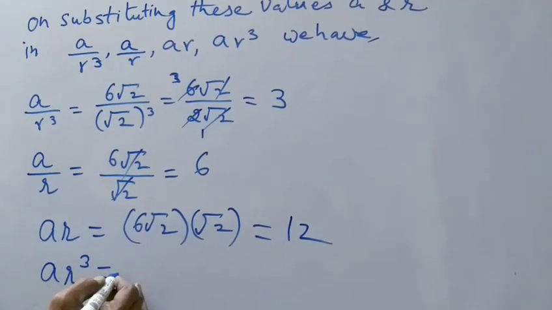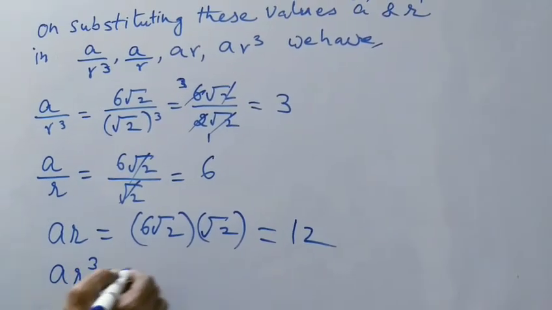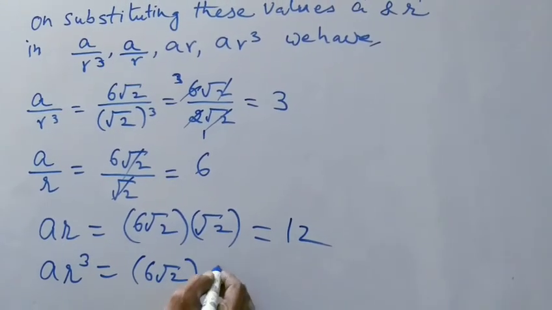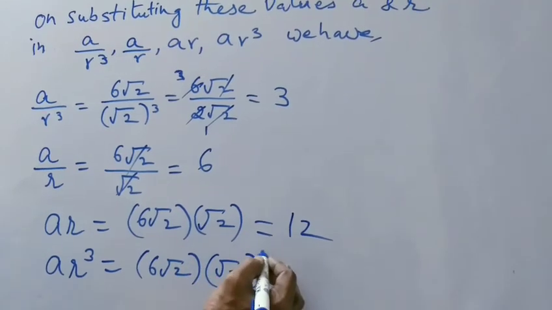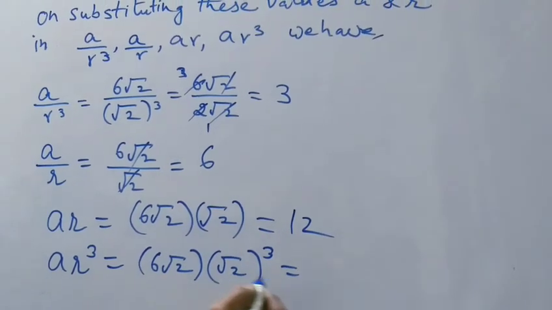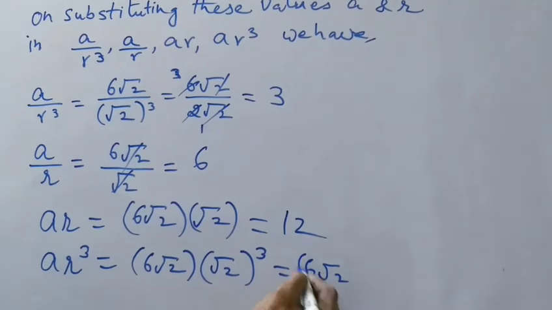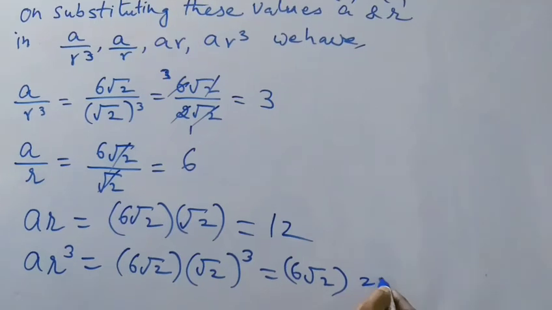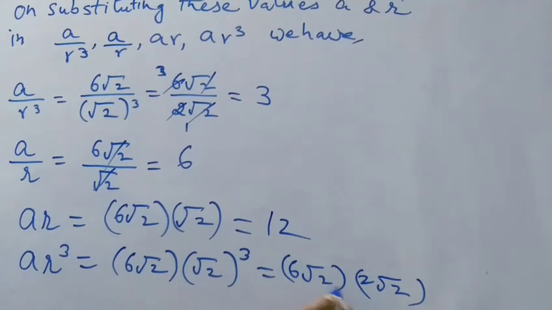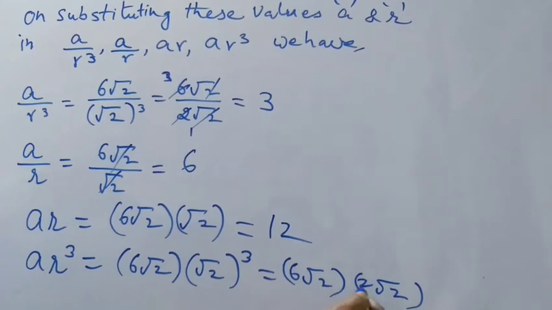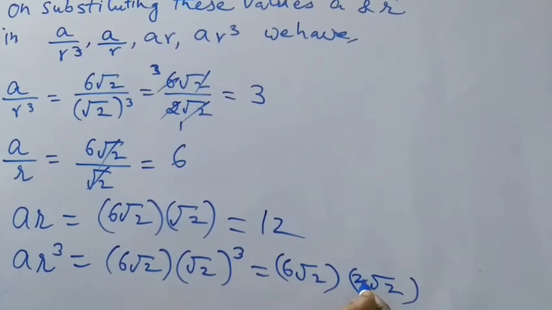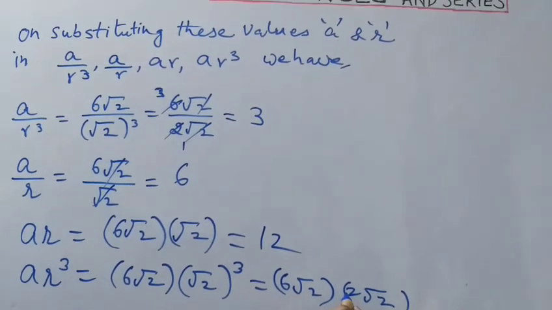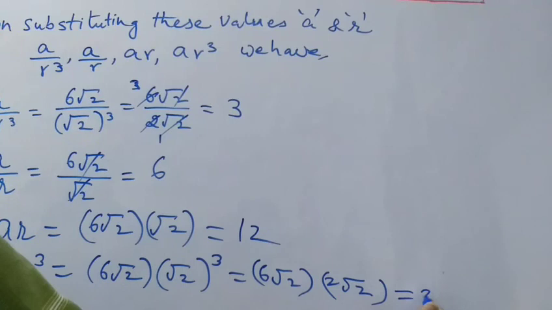And a·r³ is equal to, a is 6 root 2 into r³, which is (root 2)³. So it becomes 6 into root 2 into (root 2)³, which is 6 into 2 root 2... root 2 into (root 2)³ becomes 4, so 6 fours are 24.